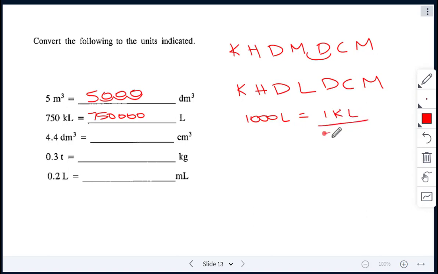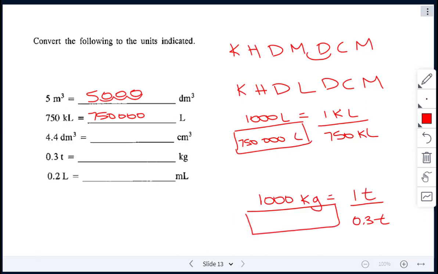And then we have 750 kiloliters. And how many liters would that be? All right, so again, cross multiplication. 1,000 times 750 divided by 1. The answer is the same. It's 750,000 liters. Okay, I'll let you guys try the next 3 there.